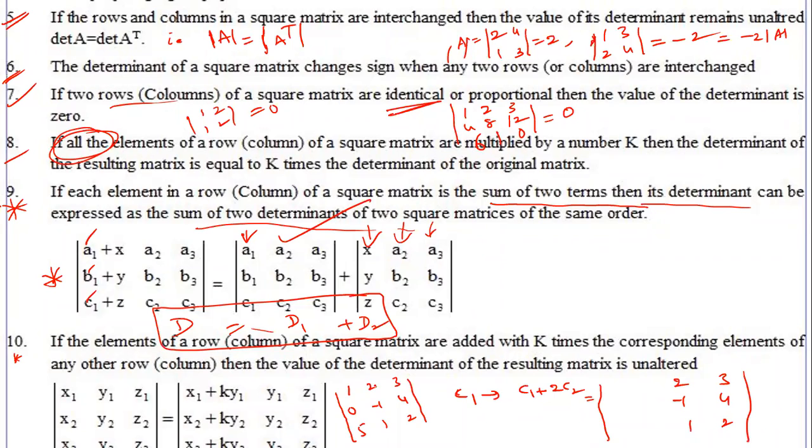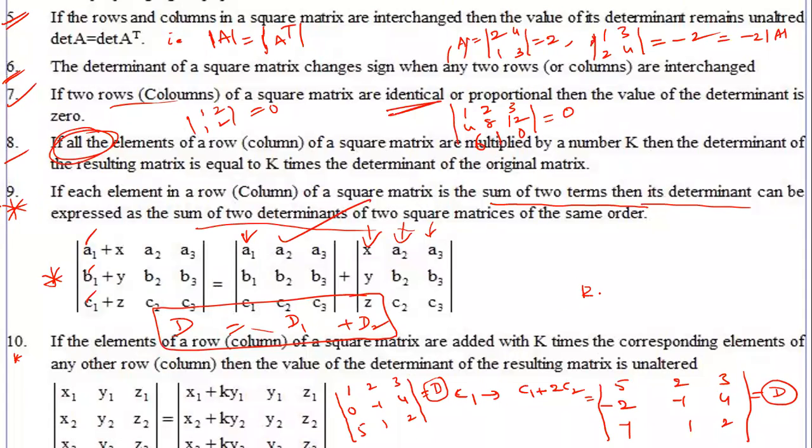Multiply the second column by 2: 2 twos are 4, 4 plus 1 is 5. 2 into minus 1 is minus 2, plus 0, minus 2. 2 into 1 is 2, 2 plus 5 is 7. Dear student, if you expand this determinant, the same answer comes. Suppose this value is D, then this value is also D.